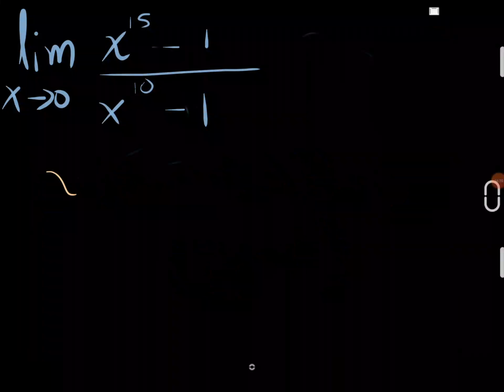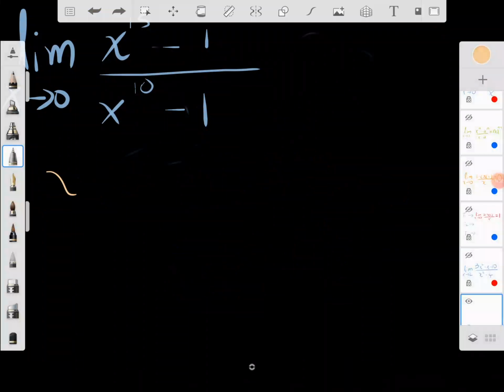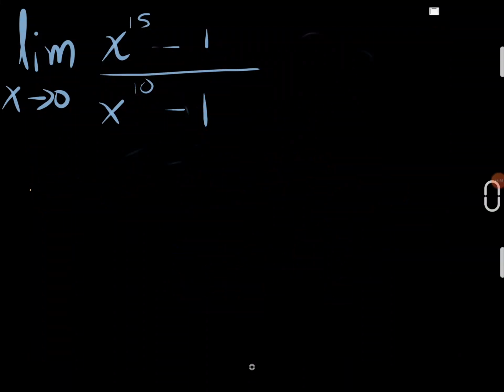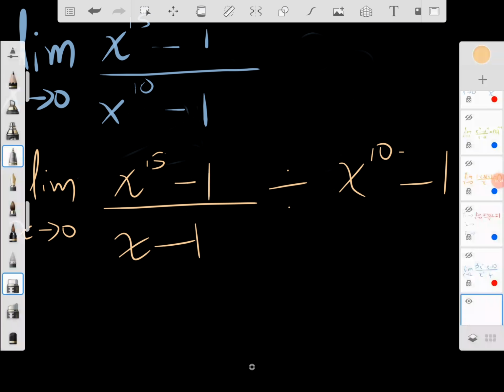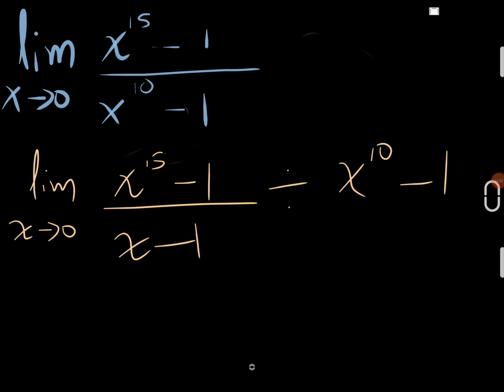I get limit x tends to 0, (x to the power 15 minus 1) whole divided by (x minus 1), divided by (x to the power 10 minus 1) whole divided by (x minus 1).